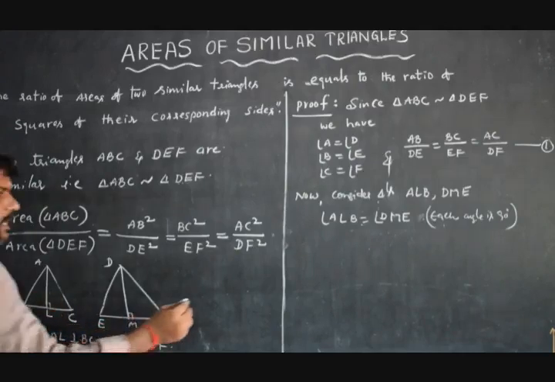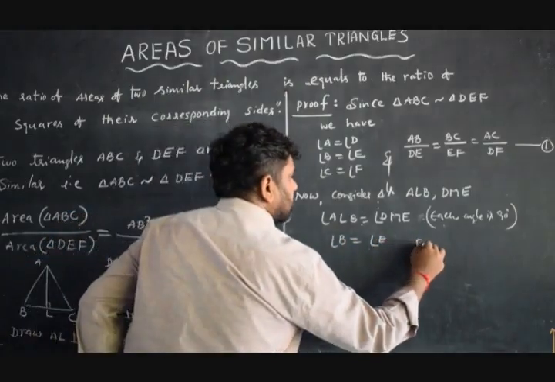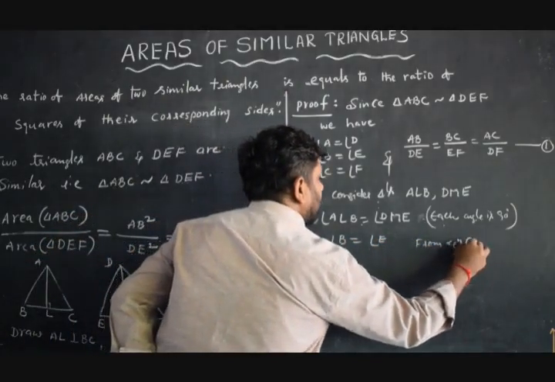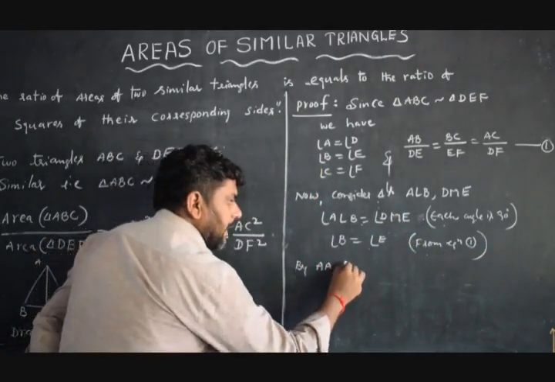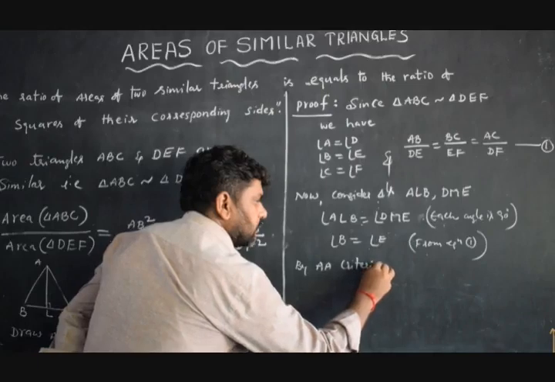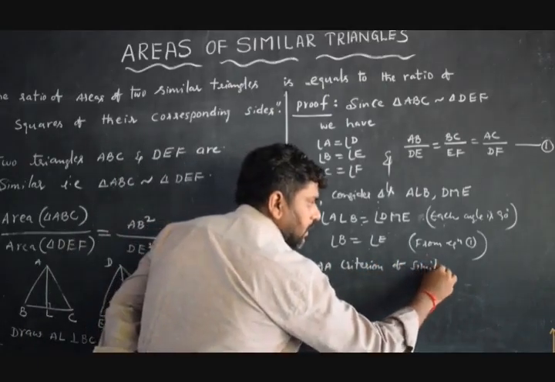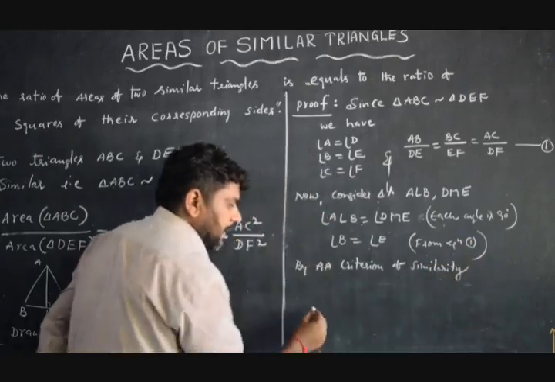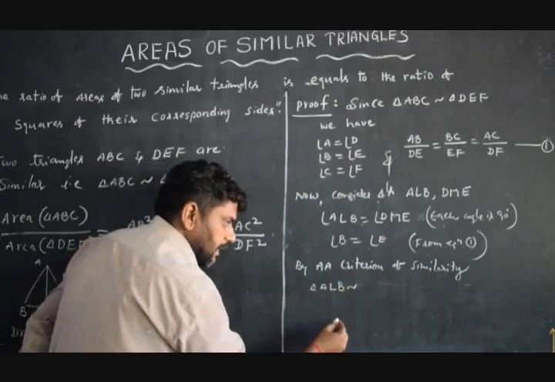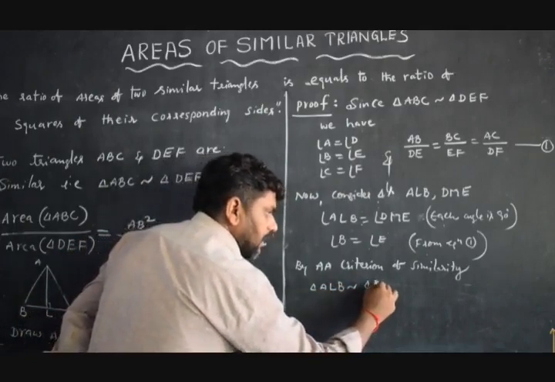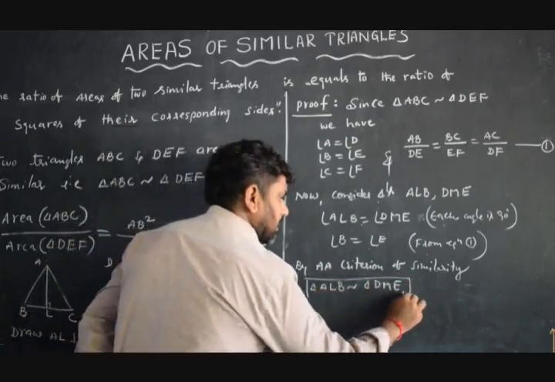Next, angle B is equal to angle E, this is from equation 1. By AA criterion of similarity, triangle ALB is similar to triangle DME. These two triangles are similar.